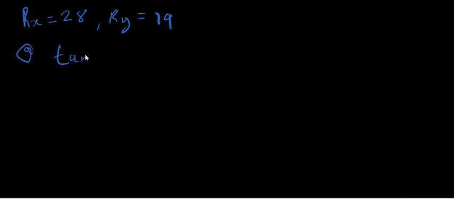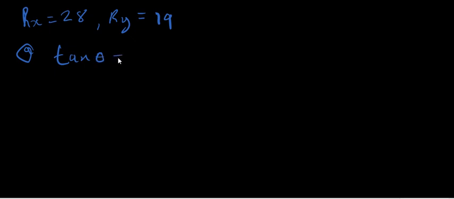So I'll start with the angle. So we have doubled. Remember, this time around, Rx is equal to 28 and Ry is equal to negative 19 because we have doubled. So if we are looking for the angle, we can simply say the same thing.